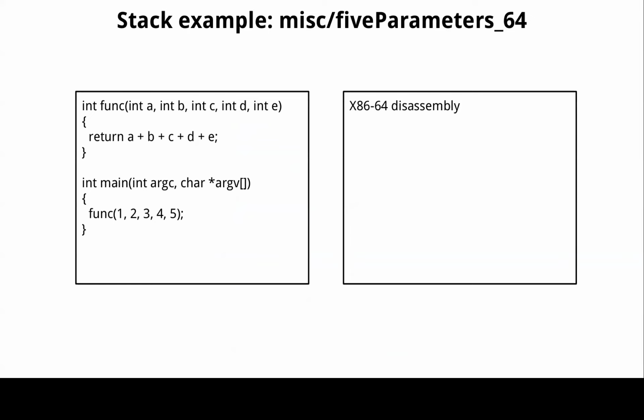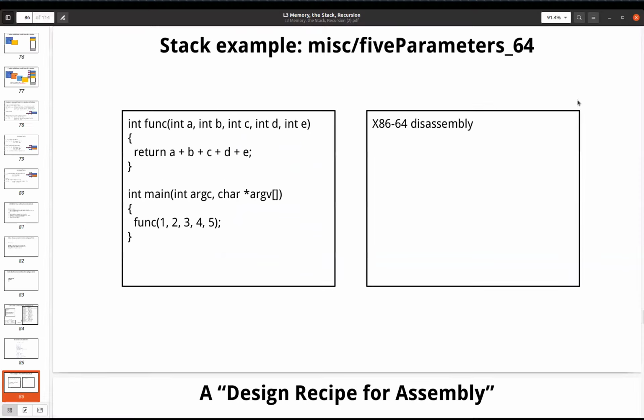Let's say another example. We only have two functions here. Main function calls func. Func takes 5 parameters. Then we just add them together. That's it. So the difference here is how the parameters are passed, right?